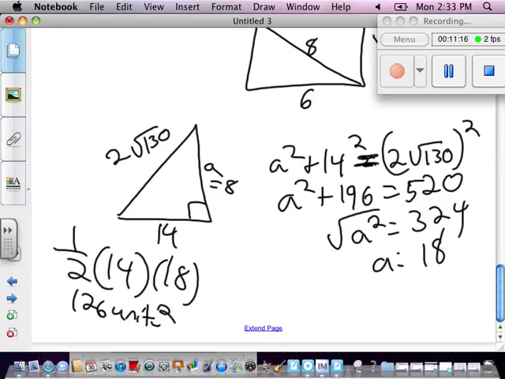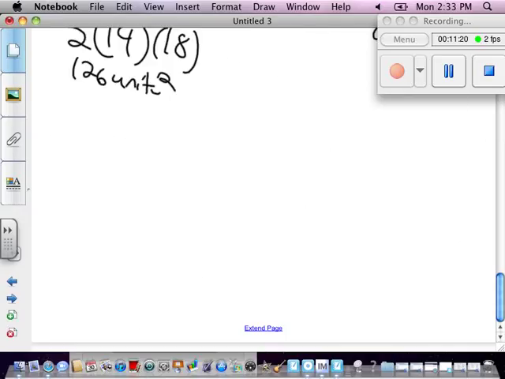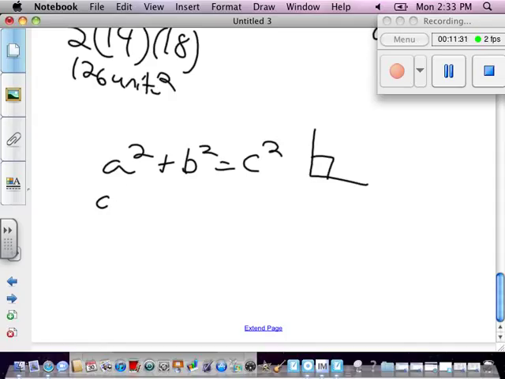Okay. Do we remember that if a squared plus b squared equals c squared, we call that a right triangle, right? What if a squared plus b squared is bigger than c squared?